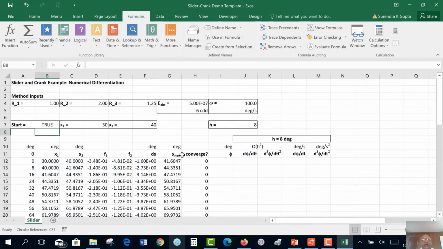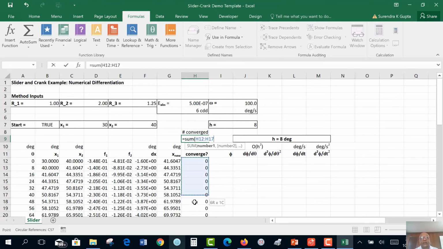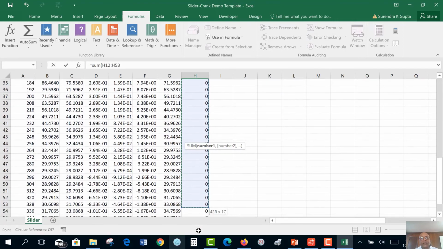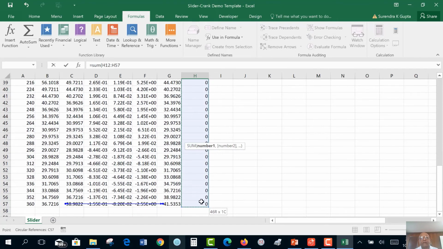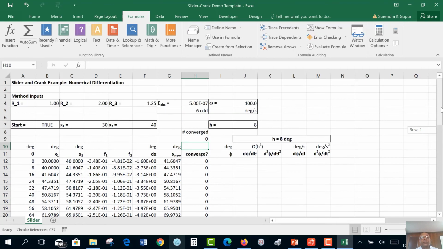We are going to add a sum. So we'll make a box. We are going to sum up how many converges we had. We have 46 rows, so when that number becomes 46, we know everything has converged, right? So let's box it.